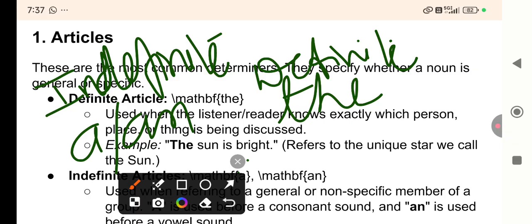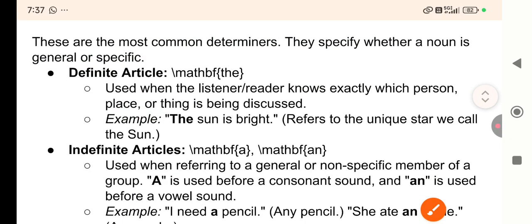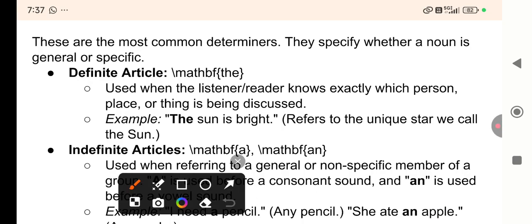Now, these are the most common determiners. They specify whether a noun is general or specific. Of course, with articles a, an, or the, a and an are general and the is specific. So articles are used to specify the position of a noun, and they tell whether a noun is general or specific.